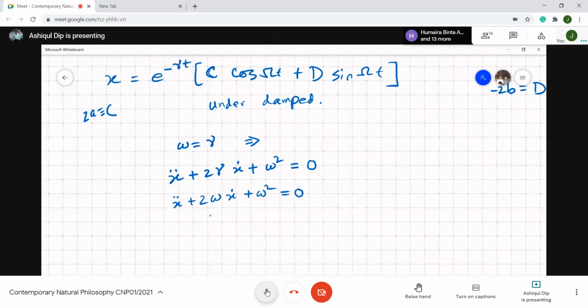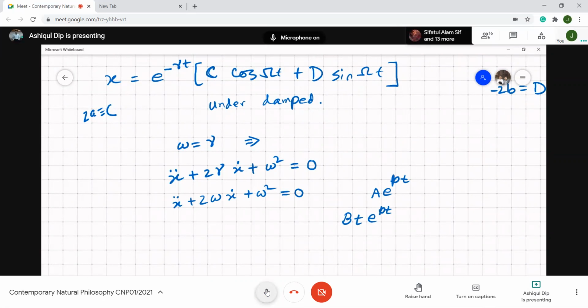If you substitute a e to the power pt, this is a solution we already know, and we can find a solution for p. Yes, omega equals p. That would be the case, right? But my claim is that b t e to the power pt is also a solution.